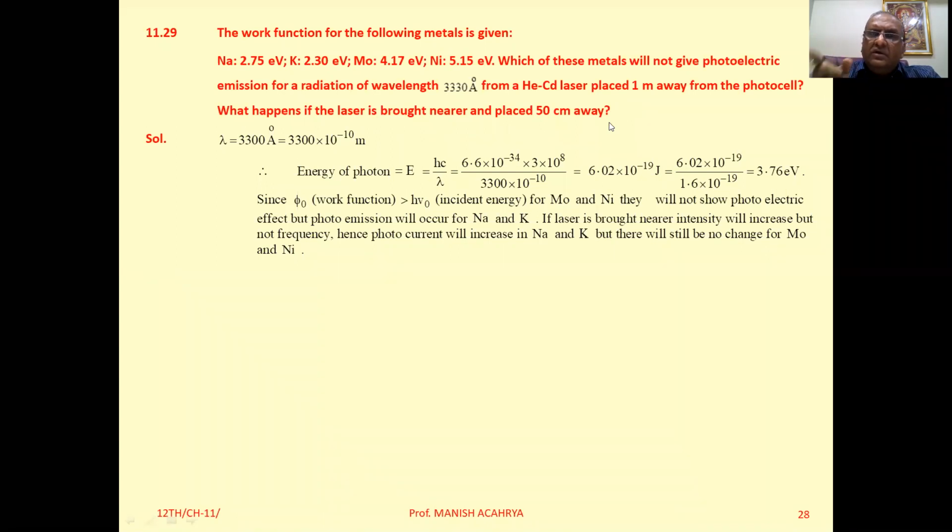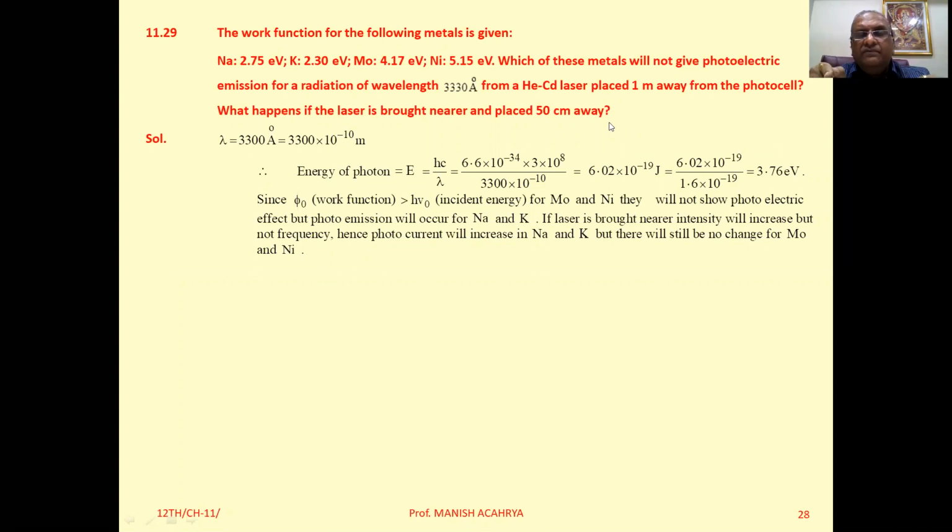So those photocells which are not giving you the photoelectric effect will not give it, because the frequency remains the same, so the energy will remain the same. Those two photocells made of sodium and potassium will continue to give you photoelectric emission.